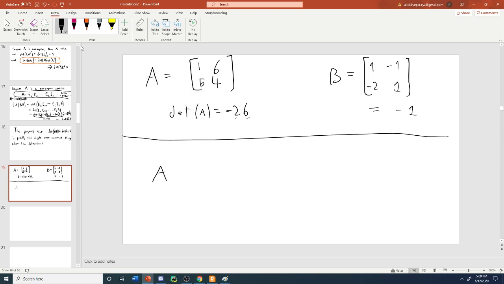Let's see if this actually pans out. So I can try to take the product of A and B. Here I'll have 1, 5, 6, 4. And here I'll have 1, -1, -2, 1.